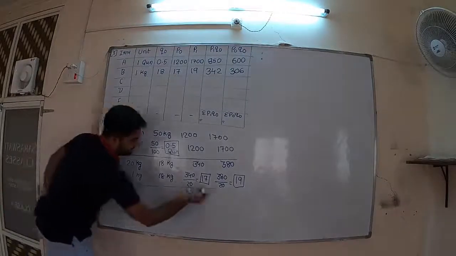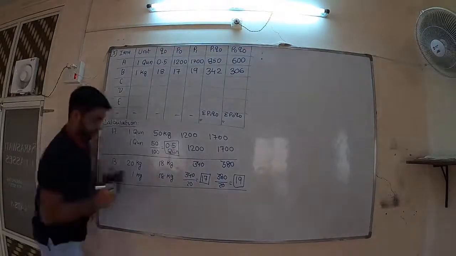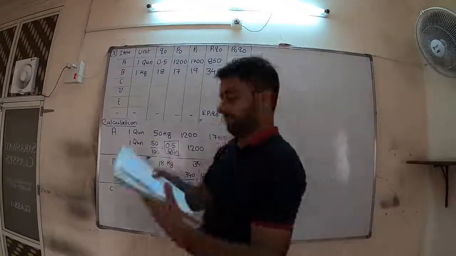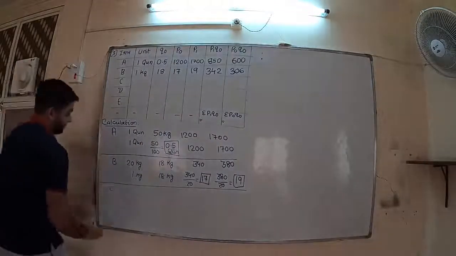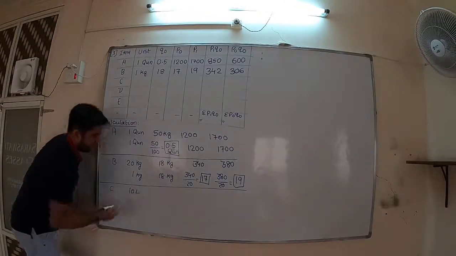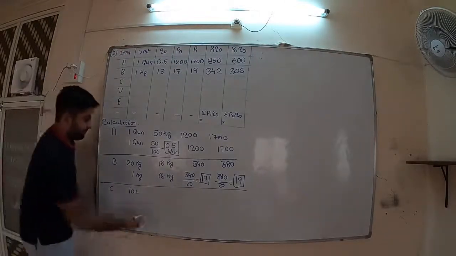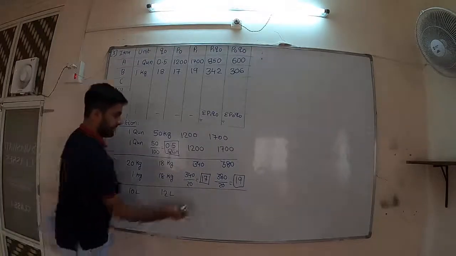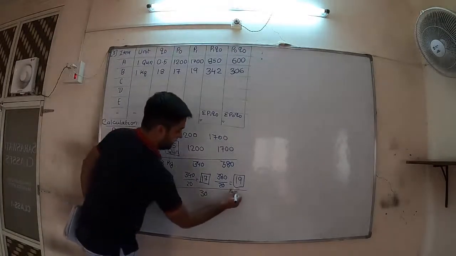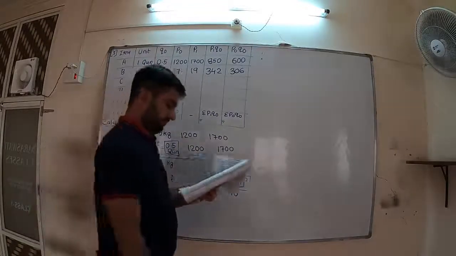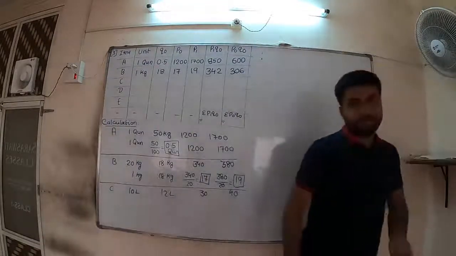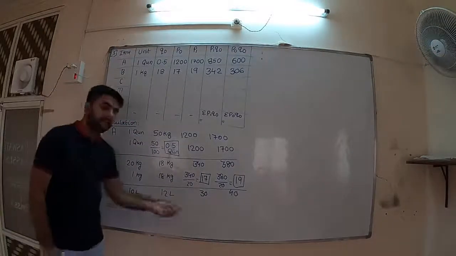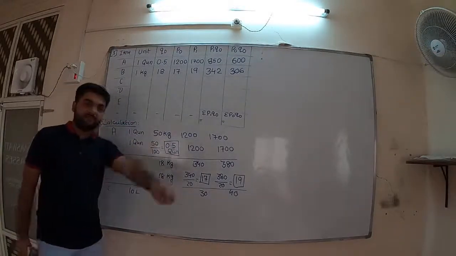Now item C. Liter, 12 liter, 30, 40. Okay. Again, horizontally units are the same, liter units are the same. Unit must be equal to 1.